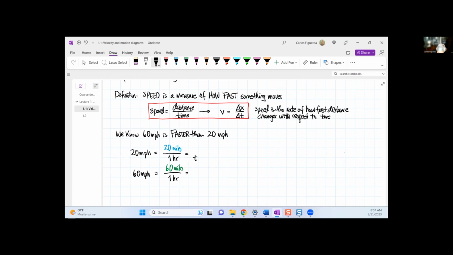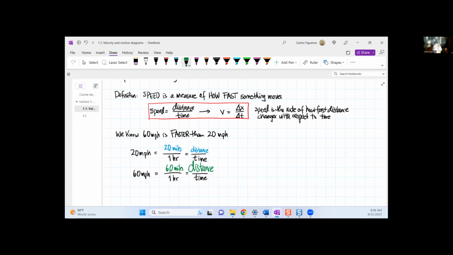No, sorry. Okay. In each of these situations, I'm going to try to draw the time the exact same size, telling me that 1 hour is the same for both of them. But clearly in this case, the distance is smaller, and in this situation, the distance is larger.